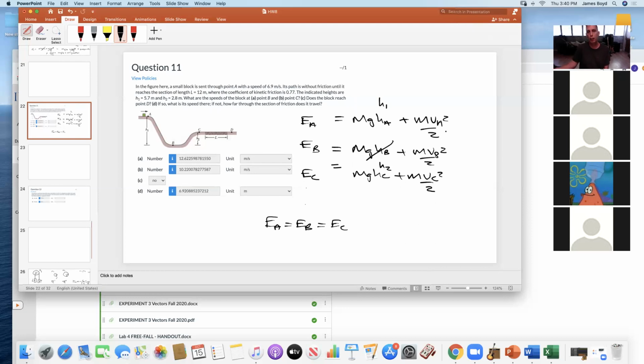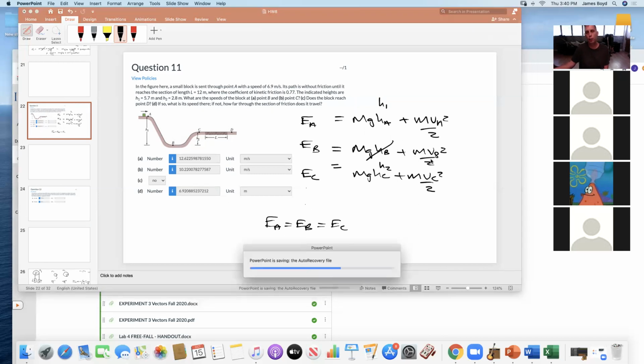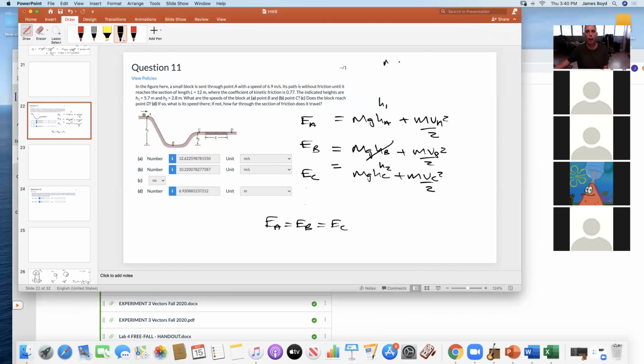They give you the vA, they give you h1, they give you h2. So using mgh1 plus mvA squared over 2 is equal to m over 2 times vB squared, you can find vB from that. Then you can find vC, making sure that you add that energy term.